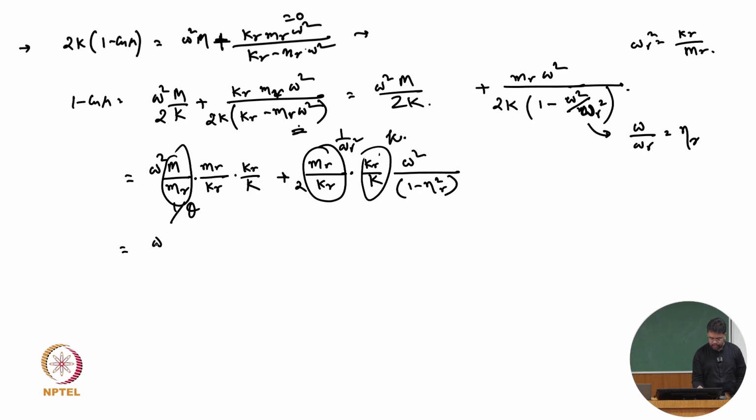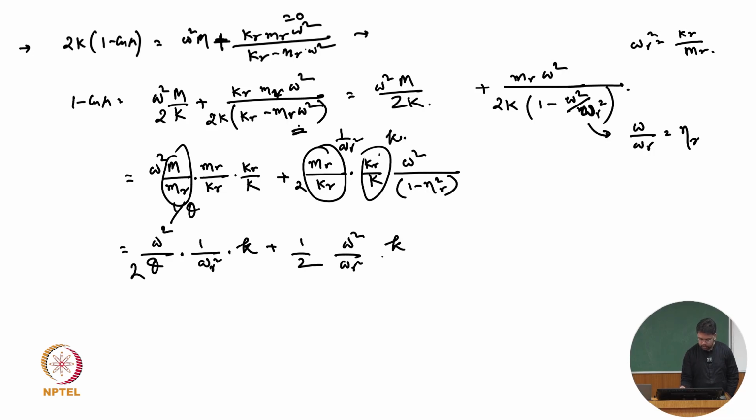So what does the equation become? Omega square divided by theta into 1 by omega_r square into kappa plus 1 by 2, here there is also 2 here, omega square divided by omega_r square into kappa divided by 1 minus eta_r square.